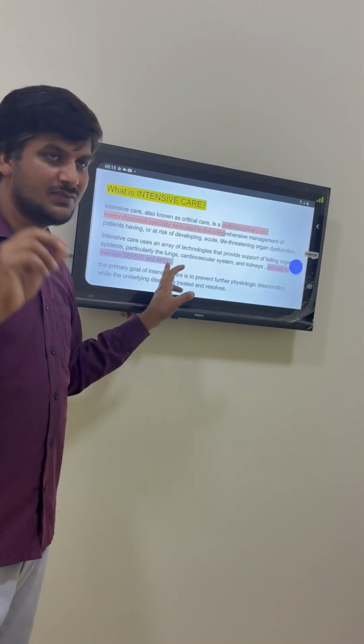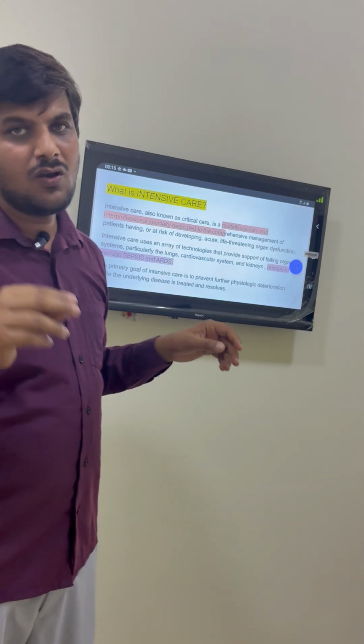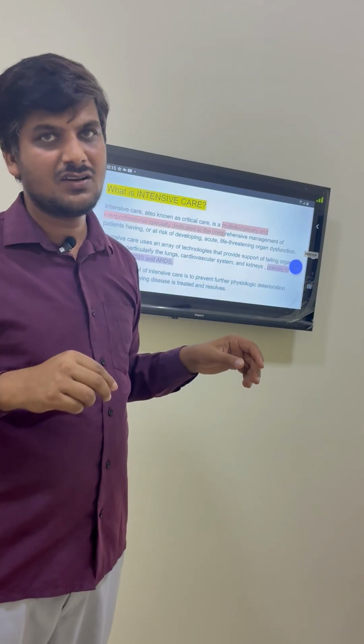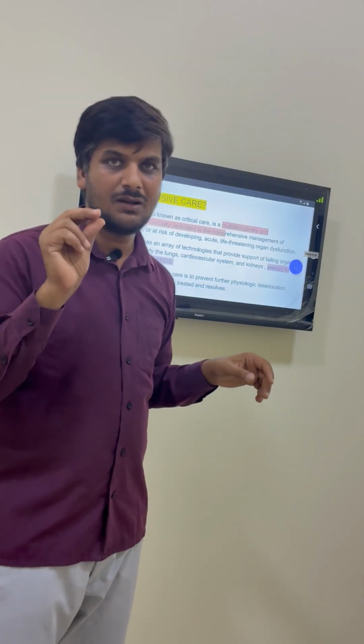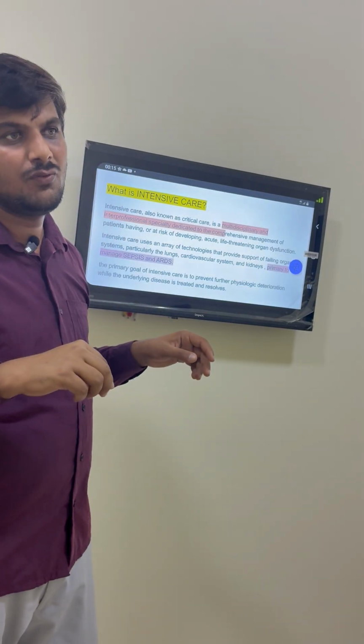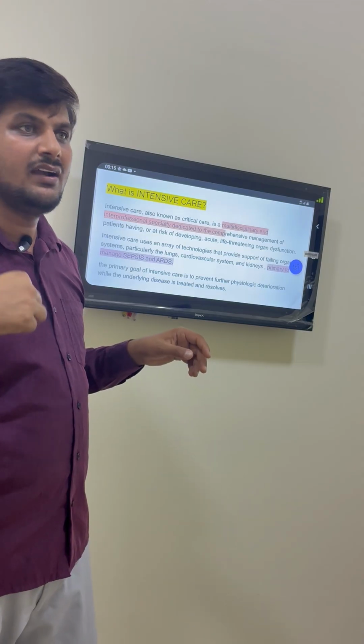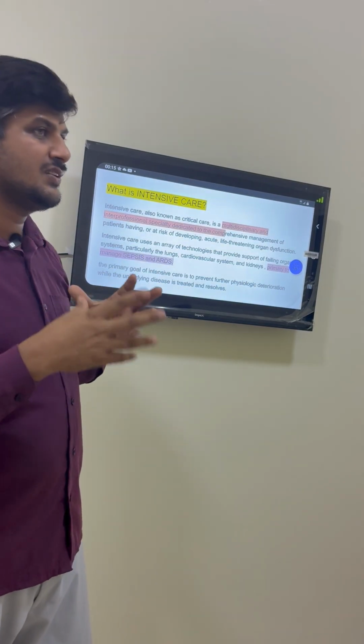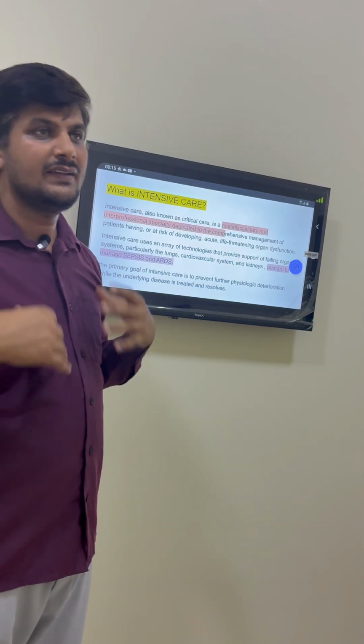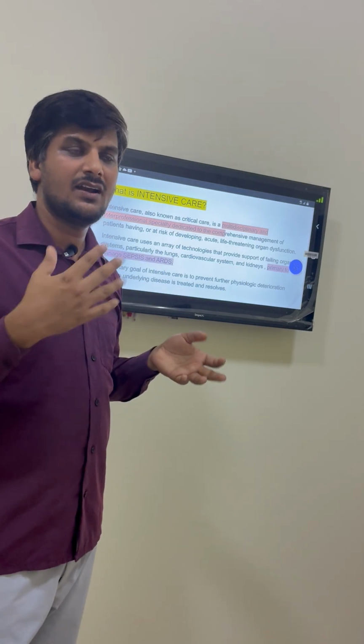Even ARDS, acute respiratory distress syndrome, is where the alveoli, the structural and functional unit of the lung, become bulged, and there will be fluid collection inside the alveoli and lung parenchyma. Because of this the patient is unable to breathe, and cannot do respiration.